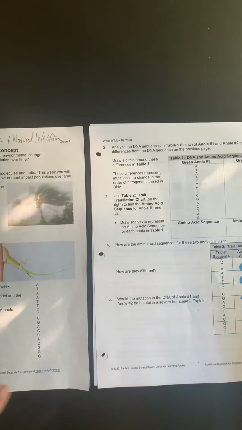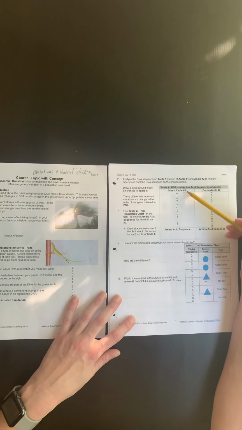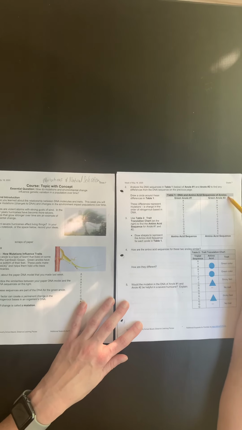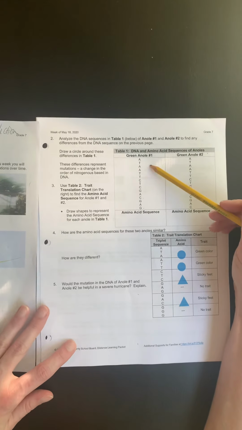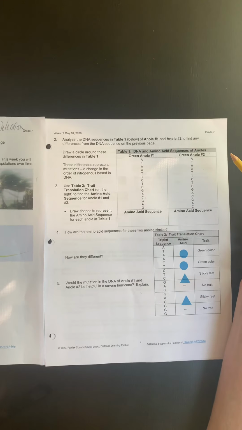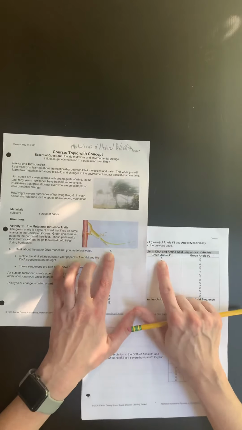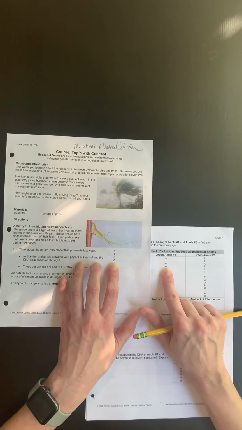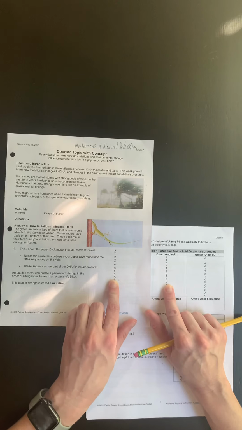So on page 2, you are given DNA sequences for green anole number 1 and green anole number 2 in table 1. And you're supposed to compare these sequences with your sequence from the first page. As we compare these and follow it going down, we're just going to make sure that the nitrogen bases match up.